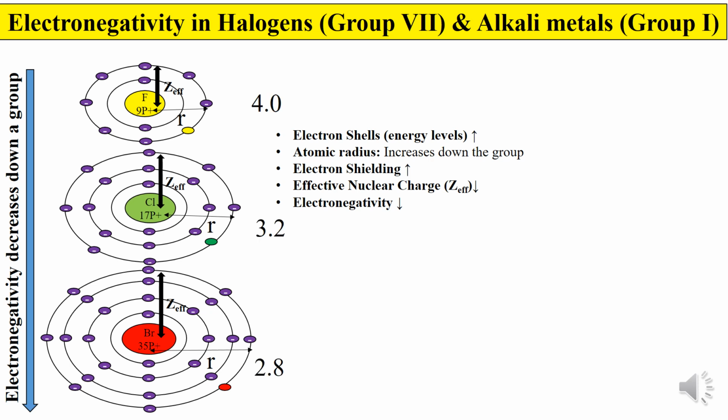You can see a decrease in electronegativity value starting from 4 with the fluorine atom to 3.2 in chlorine and 2.8 in case of the bromine atom.